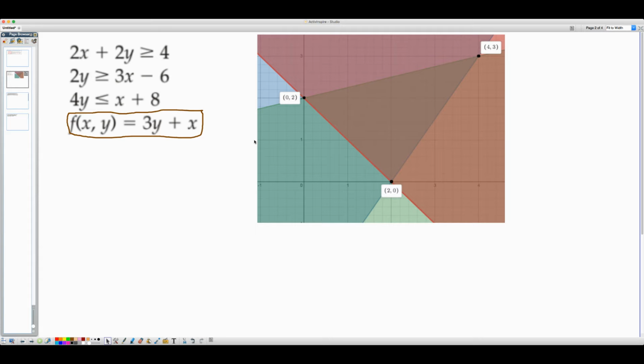But I want to know which one is going to be a maximum and which one is going to be a minimum. So I need to take the vertices and substitute them into the optimization equation.